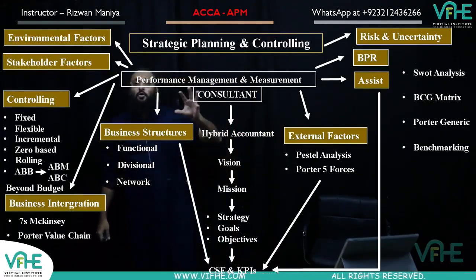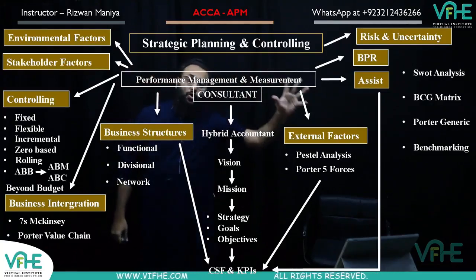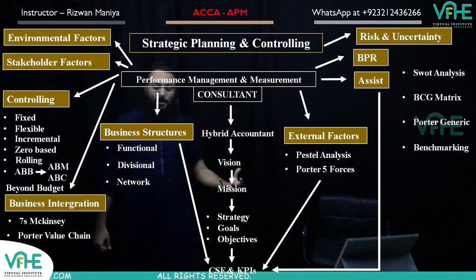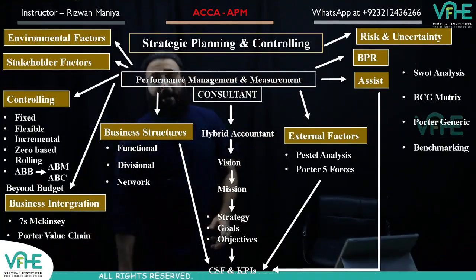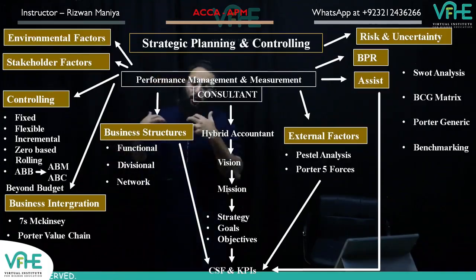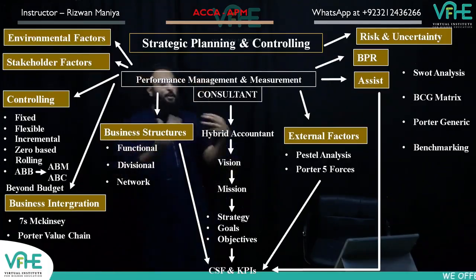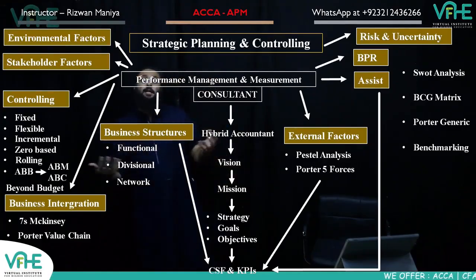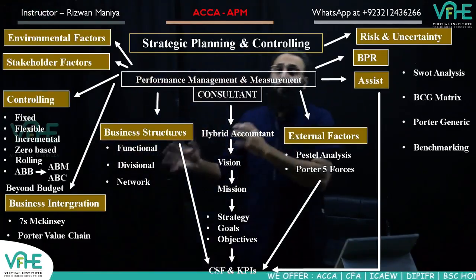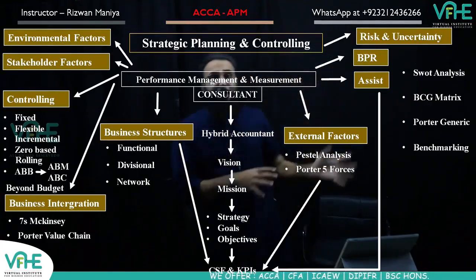It's a big bang change, and this definitely requires change in the way you manage and measure the performance. For example, going towards an IT system from manual book accounting is a BPR example.